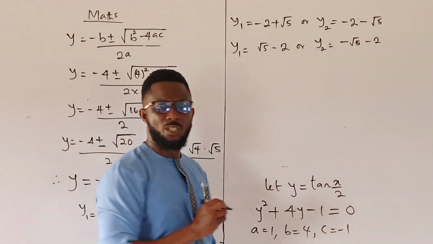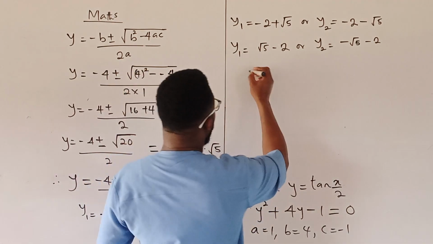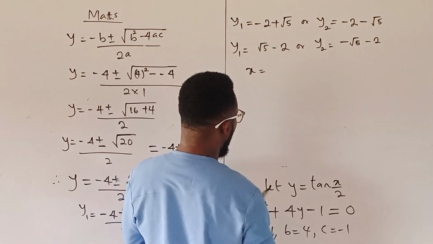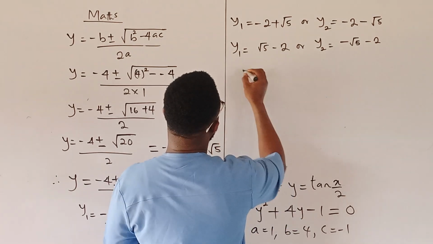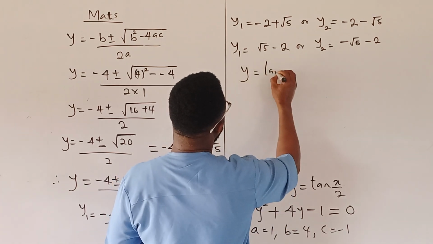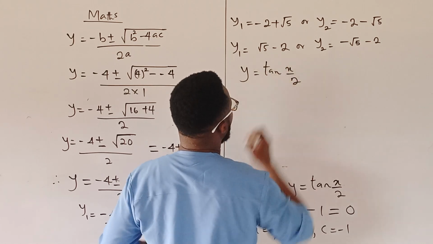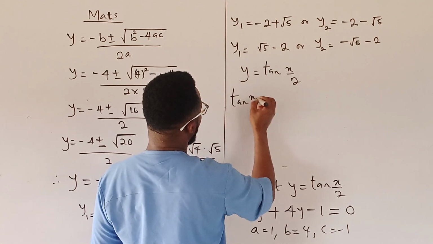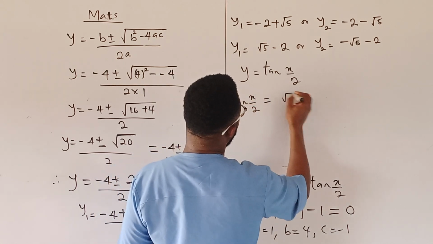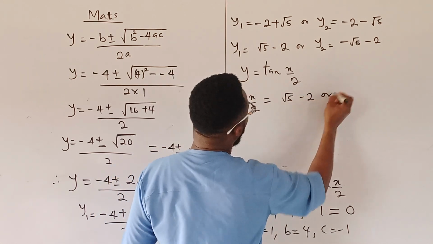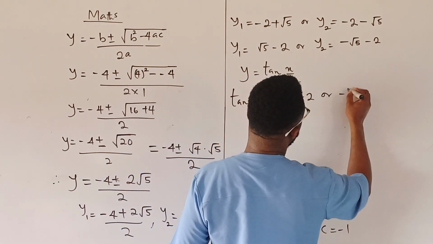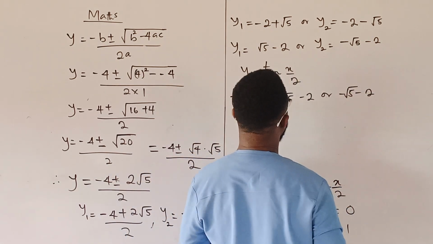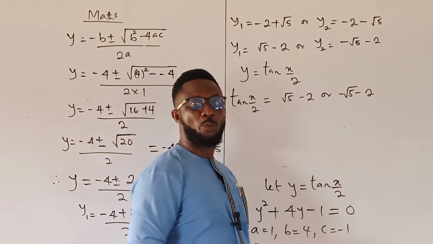And we made a substitution at the beginning, and we said that y equal to tan of x upon 2. So we can then say that the tangent of half of x will now be rad 5 minus 2, or negative rad 5 minus 2. So this is the solution to this problem.